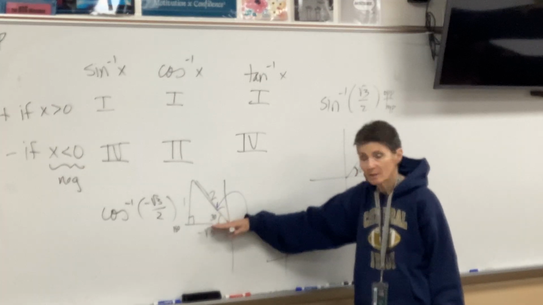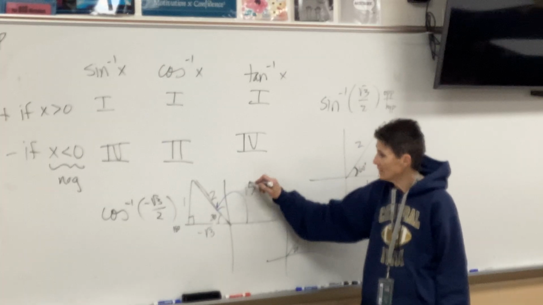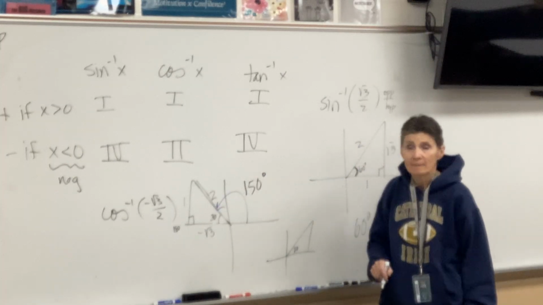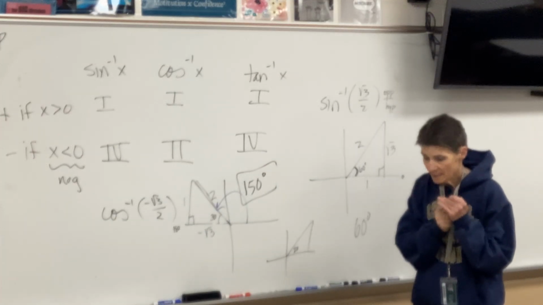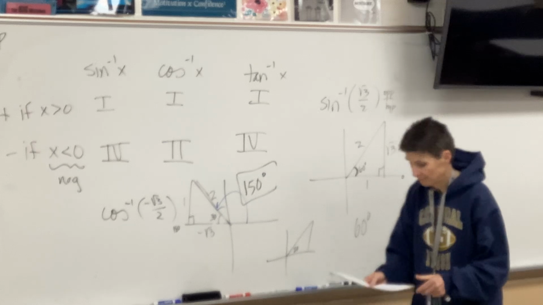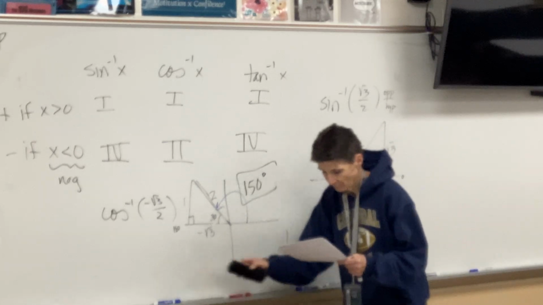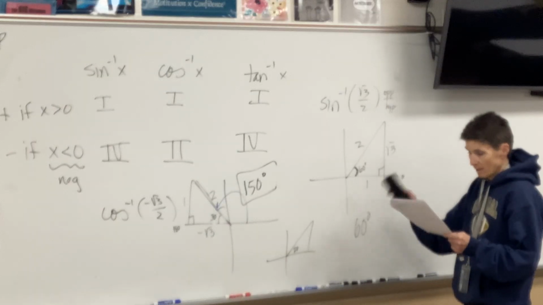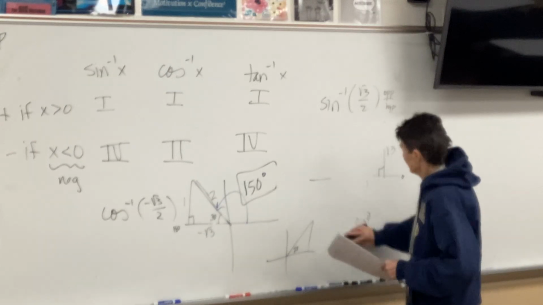So if all the way to here is 180, but I stopped 30 degrees too soon, isn't that angle 150 degrees? And that is the answer to the question. 150 degrees. That was H. All right, now I'm ready for I.